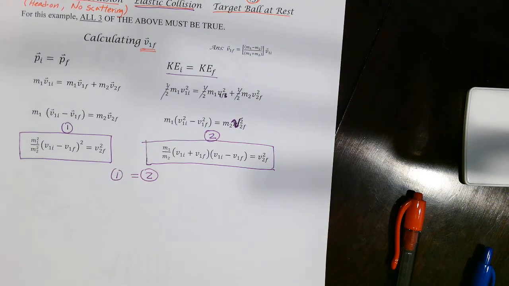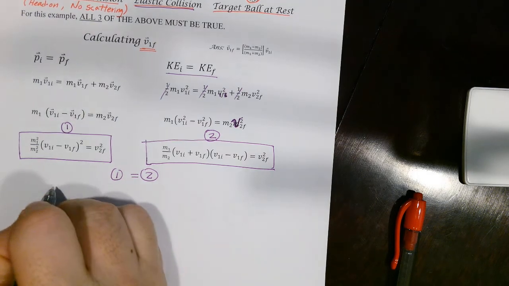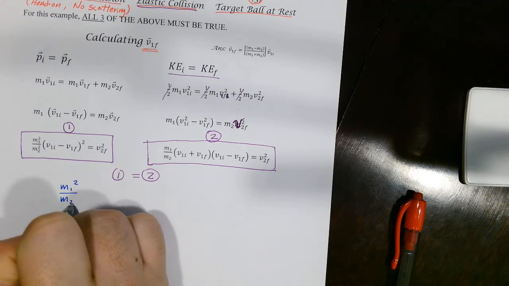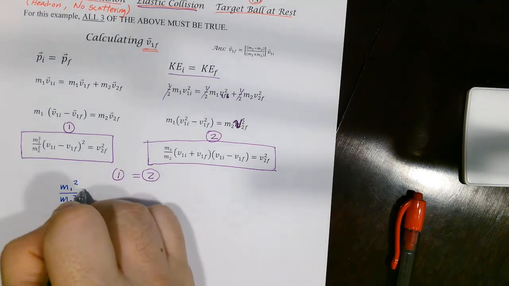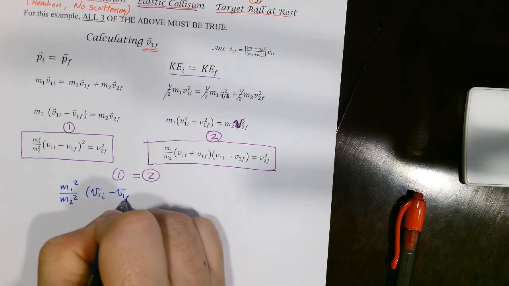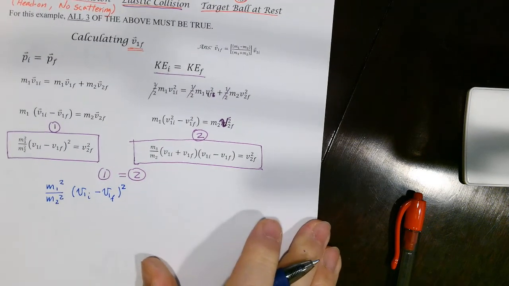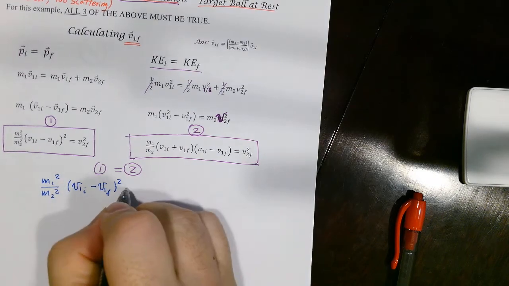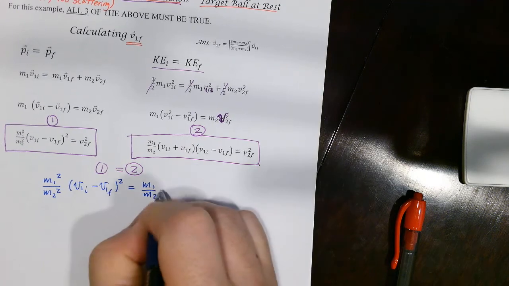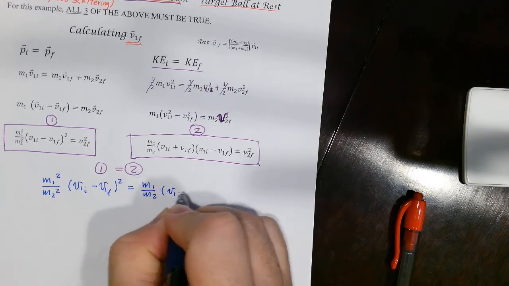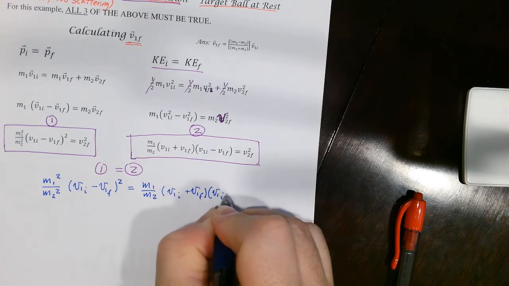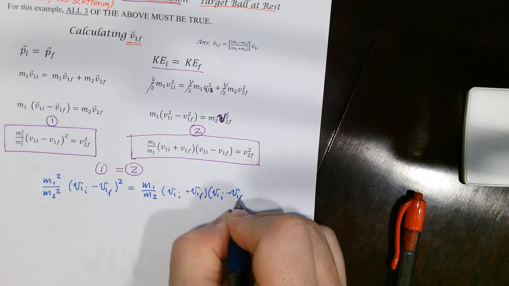I would get m1 squared over m2 squared times v1 initial minus v1 final squared must equal m1 over m2 times v1 initial plus v1 final times v1 initial minus v1 final.